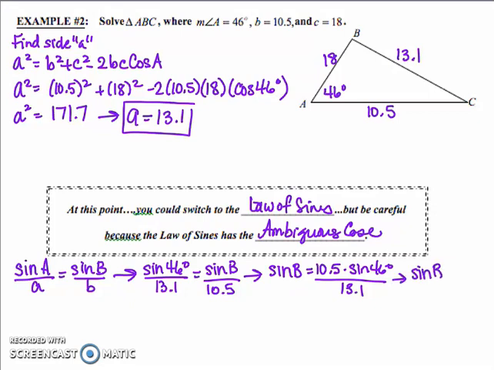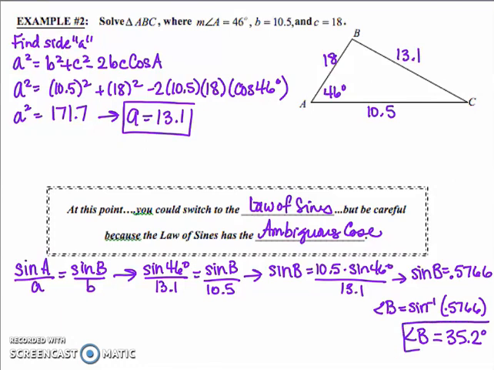So the sine of angle B is 0.5766. And of course we have to find the measure of angle B, we have to do the inverse sine of 0.5766. And we find that angle B is 35.2 degrees.